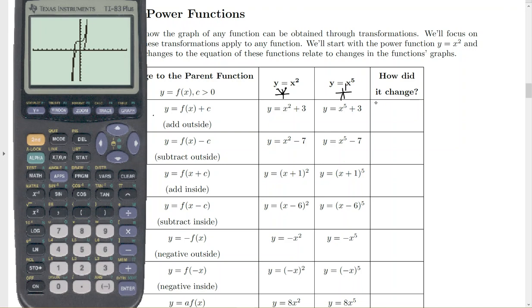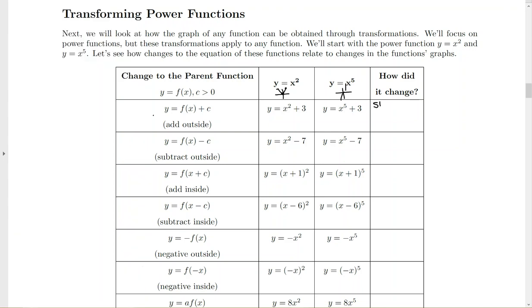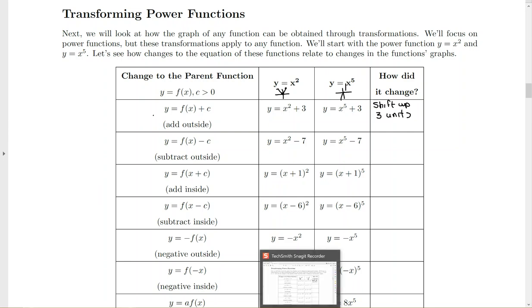Well, we had a shift up 3 units, or whatever that number was going to be. If it had been +5, we'd be going up 5. If it had been +8, we'd be going up 8. So it stands to reason then, if I have a minus outside of the function, that's going to shift not up, but down that same number of units.